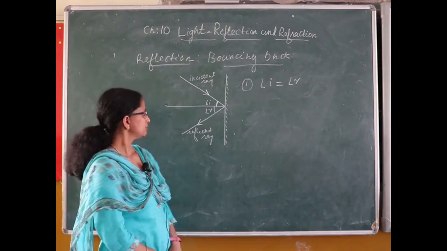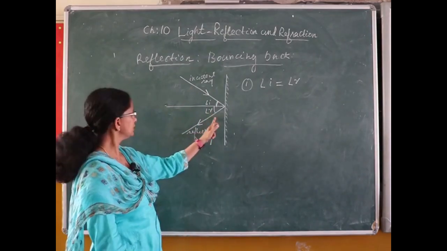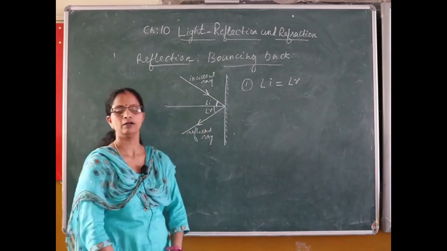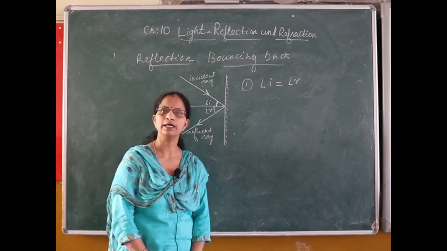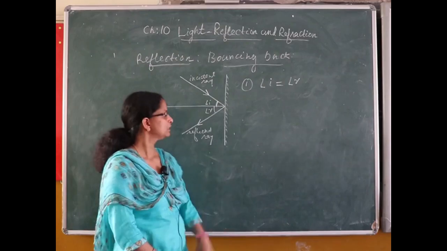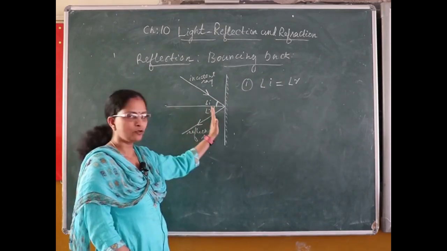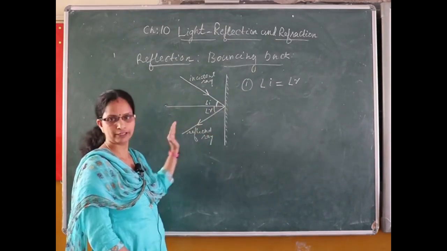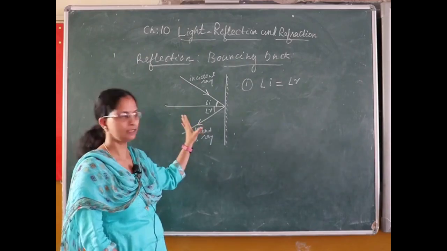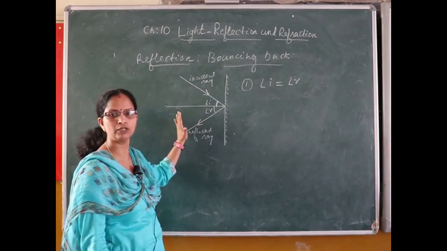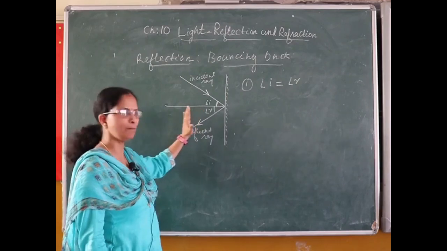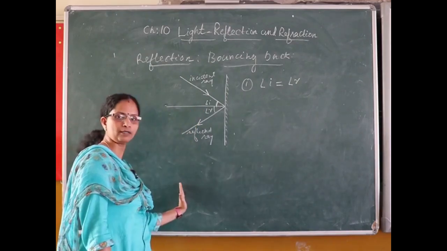The second law states that the incident ray, the reflected ray and the normal all lie in the same plane. That means when the light strikes the surface and gets reflected back, and when we draw the normal, everything will be lying on the same plane. Light cannot bend and travel to another plane.